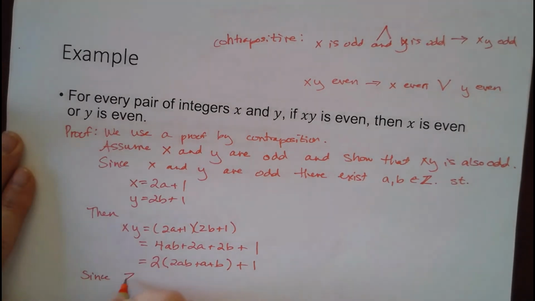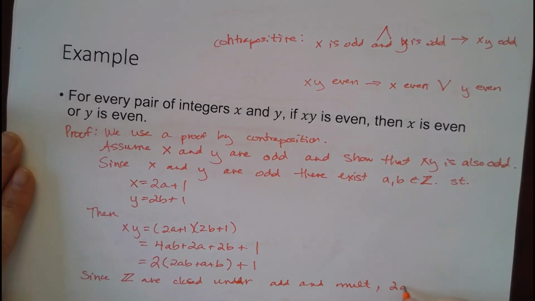So since the integers are closed under addition and multiplication, 2ab plus a plus b has to be an integer, and by definition xy is odd.